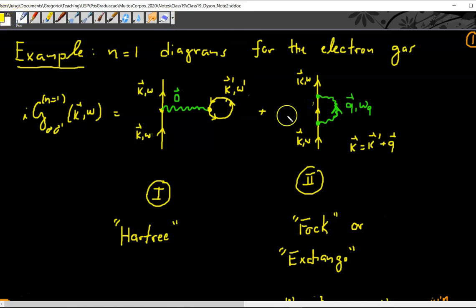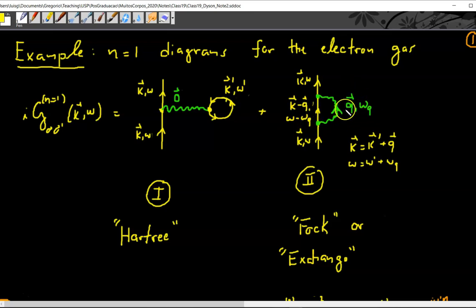All right, so let's call this K minus Q, that's momentum, and the frequency, whatever frequency I had here was omega prime. Then I'll have omega equals omega prime plus omega Q. Then omega prime is just omega minus omega Q. Okay, so that's the momentum and frequencies associated with this propagating line.